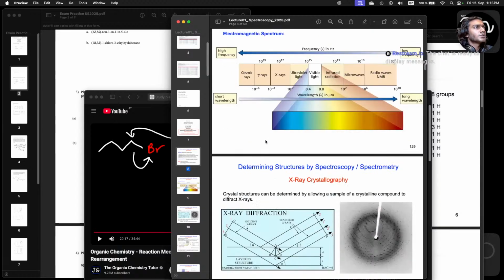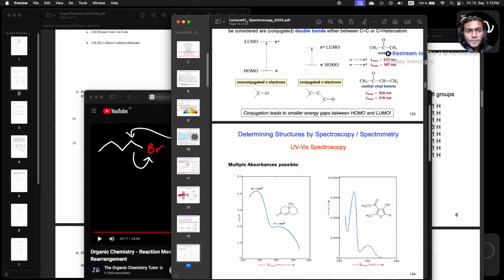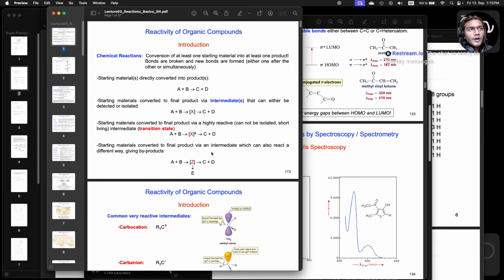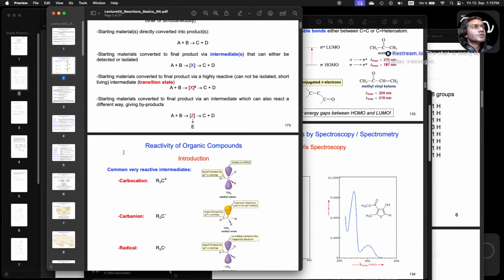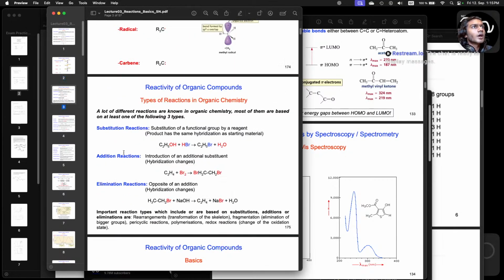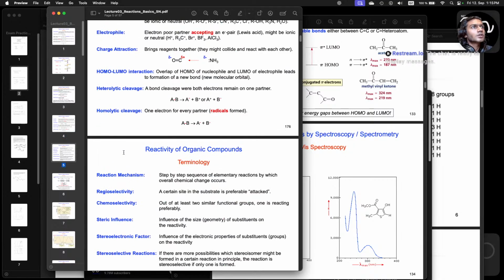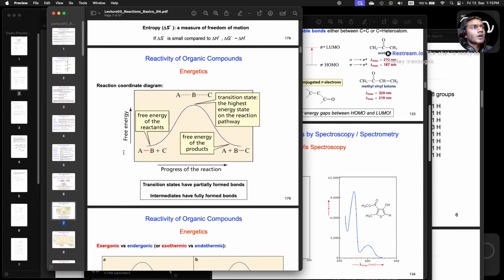Okay, the first lecture itself is spectroscopy. Then which? Now reaction. Carbocation, substitution, addition, electrophilic, stereo. Okay.